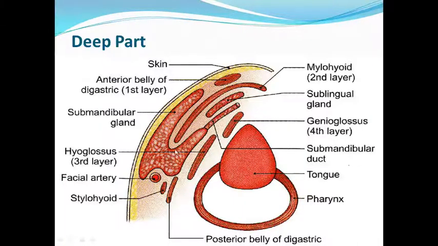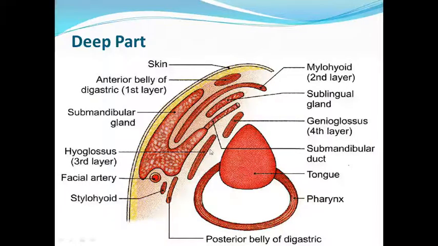And anteriorly, it is extending up to the posterior end of the sublingual gland. This is the sublingual gland, this is the anterior end of the sublingual gland, this is the posterior end of the sublingual gland, and this is the anterior end of the deep part of the submandibular gland. So this anterior end of the deep part will extend till the posterior end of the sublingual gland.